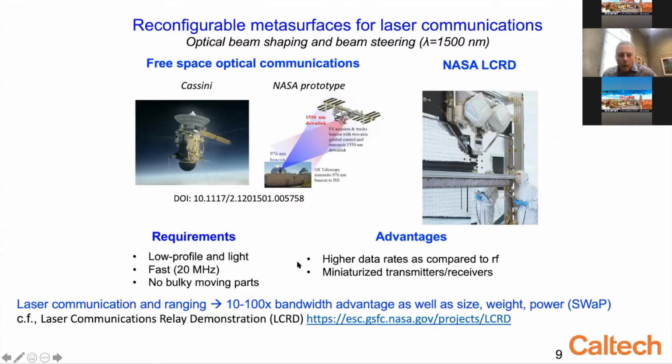So, of course, there also exists in principle the possibility of having a much higher bandwidth as well as lower size, weight and power. So this is an interesting application that may come out in the near term.